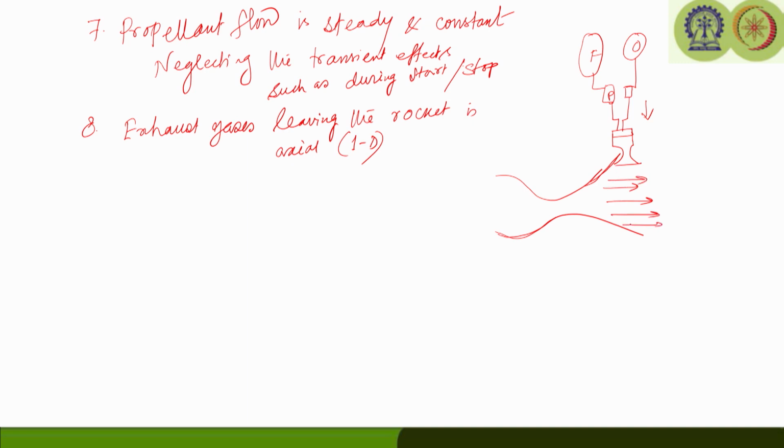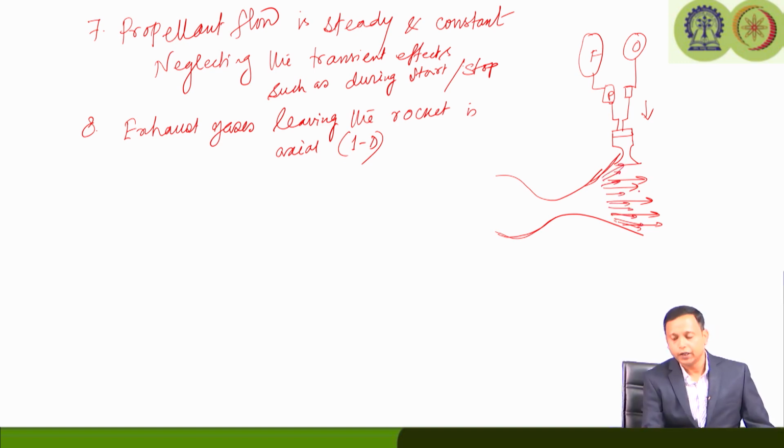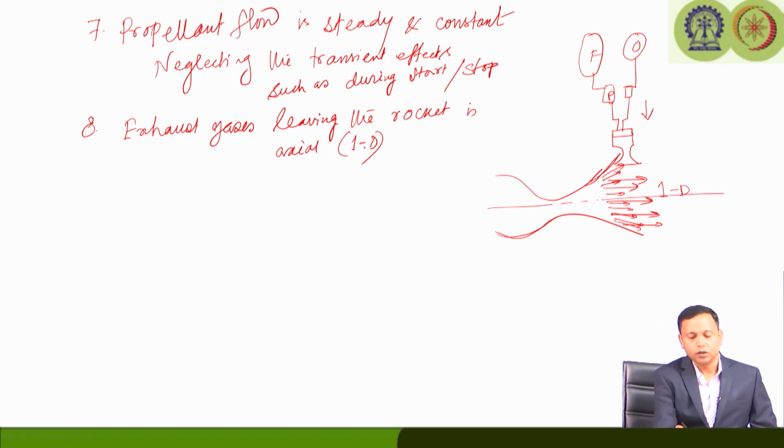But if you look very closely near the wall, the flow cannot be exactly axial, because it is going to follow the wall like this. So, the assumption we are making here is that all the gases are flowing through the nozzle axially, or parallel to the nozzle axis. So, one dimensional flow is considered. This was already there, if you recall the assumptions used in the isentropic flow through nozzle. So, it is the same assumption.